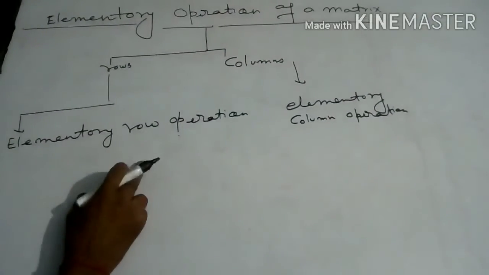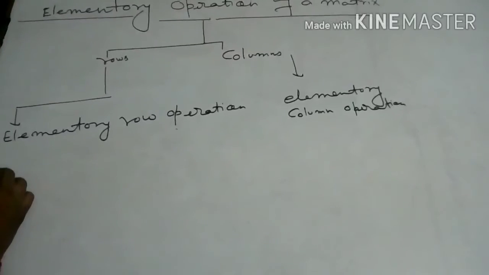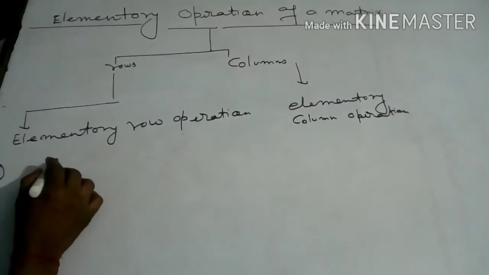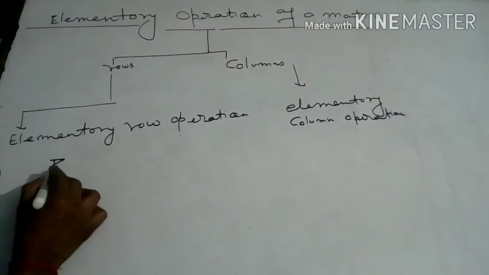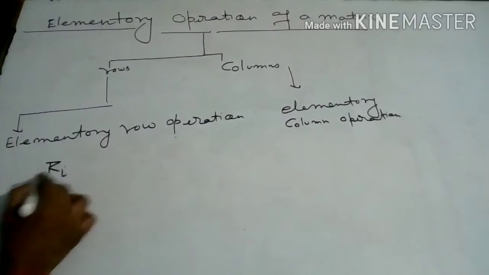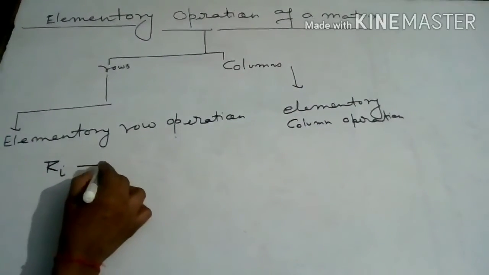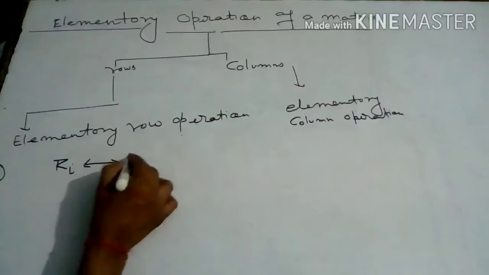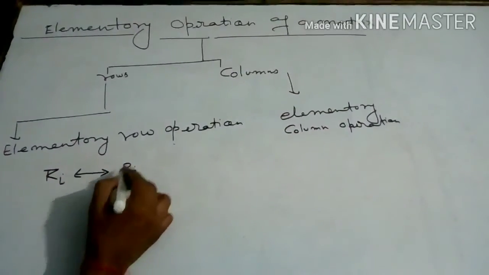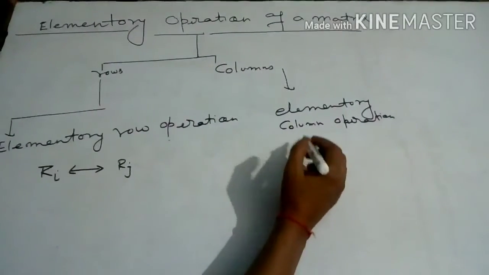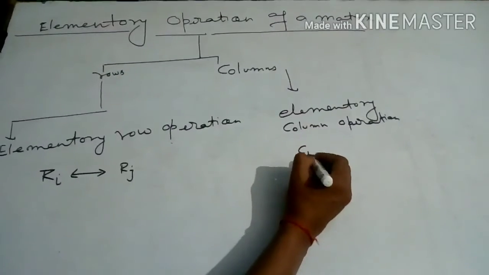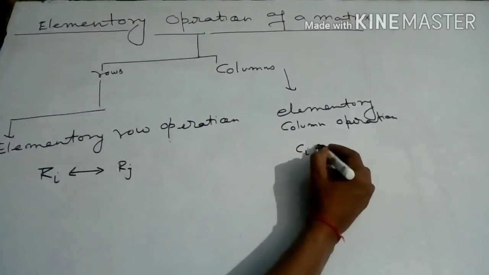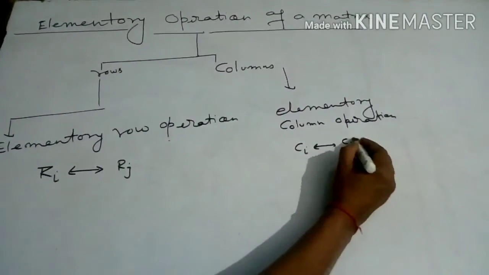In elementary row operation, first, we can interchange any two rows. Suppose this is the ith row, and that ith row we can interchange with the jth row. Or in elementary column operation, suppose the ith column we can interchange with the jth column.